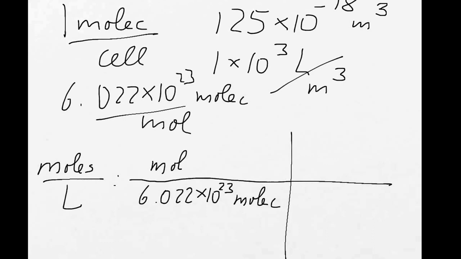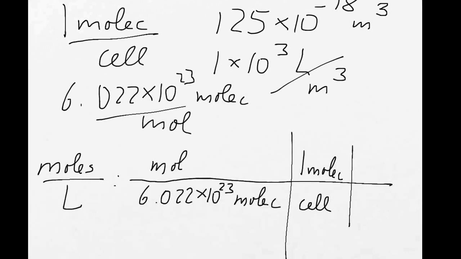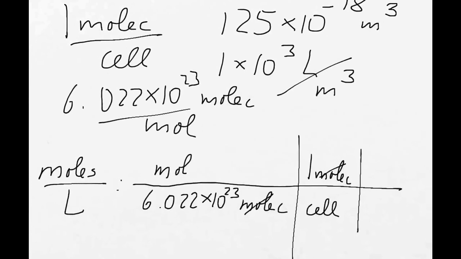Yeah? Now we need to get rid of the molecules. We know that we have exactly 1 molecule per cell. Okay? So the molecules cancel out.